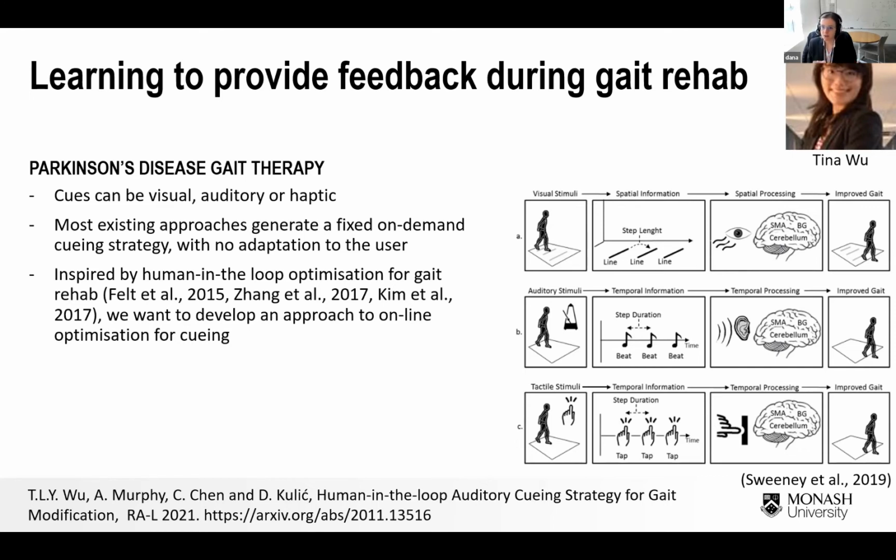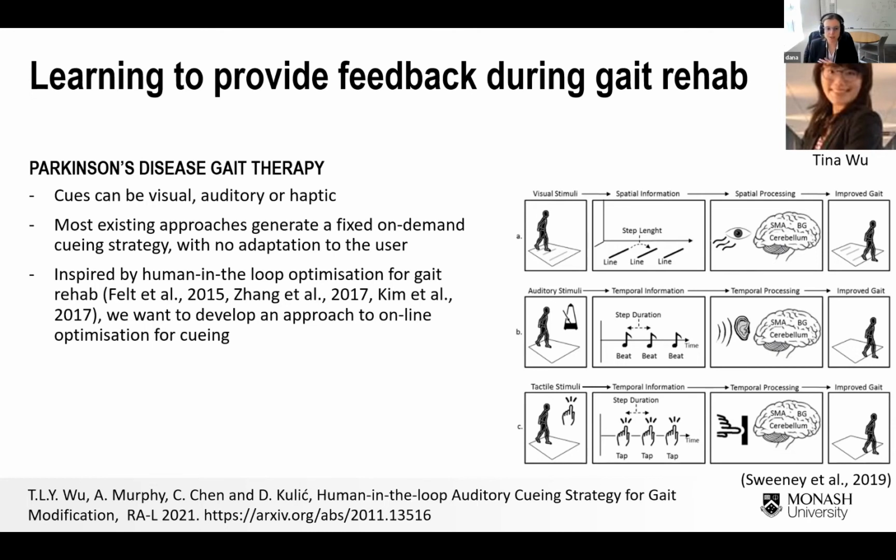This work was led by PhD student Tina Wu. To generate an effective cue, we need to think about all the factors that might influence the person's ability, first of all, to perceive the cue and then to respond to it.